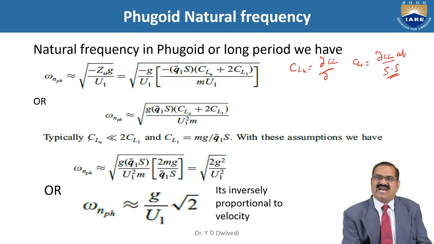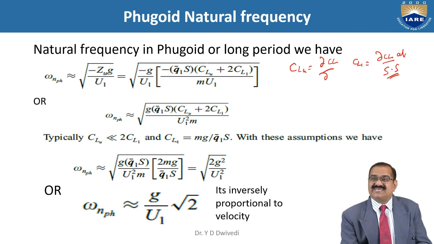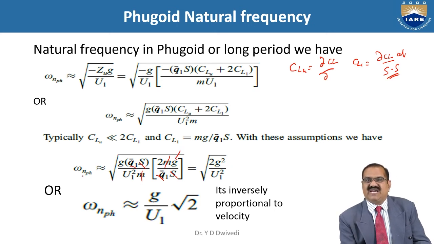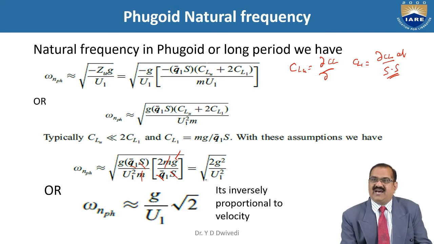If we assume that CLu is much less than CL1, and CL1 is equal to mg by Q1 S, then with these assumptions omega n ph is equal to g Q1 S by U1 m times 2 mg by Q1 S. The m cancels and S cancels, so we get 2 g squared by U1 squared. So omega n phugoid is equal to the square root of 2 g squared by U1 squared.